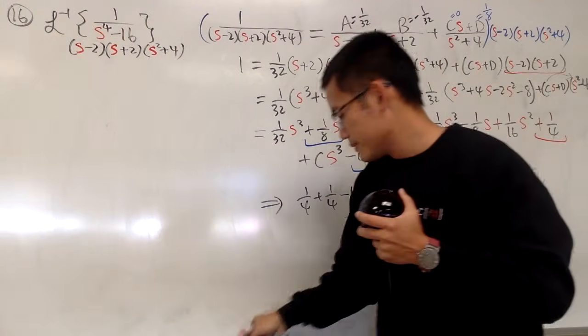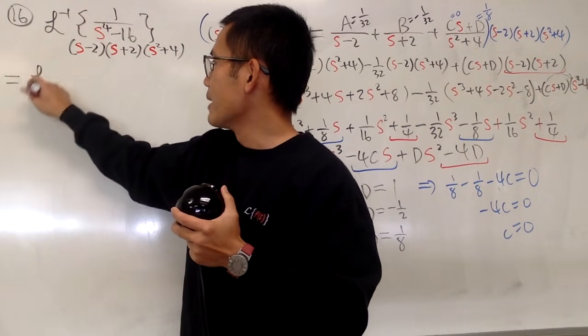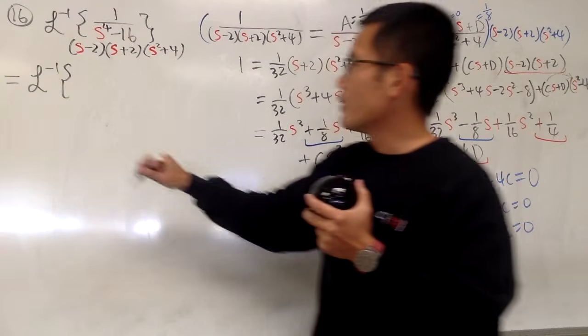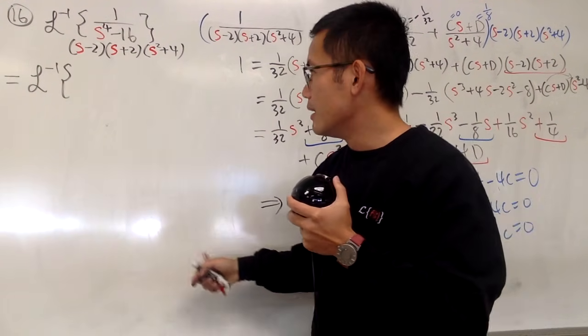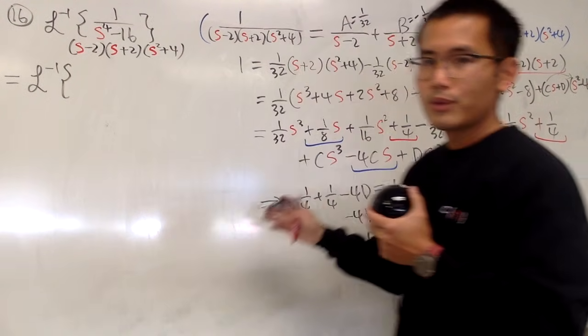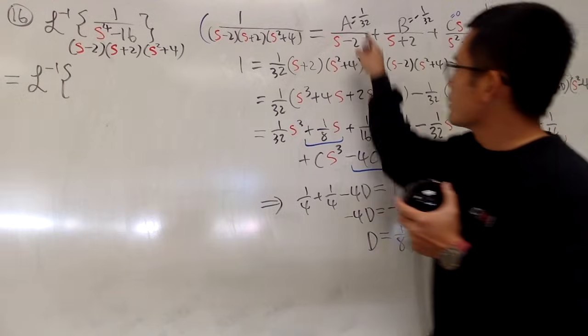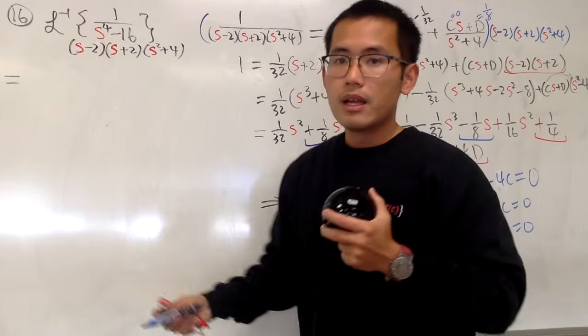Whew. All right, now come back here and then do the inverse Laplace. First fraction, we have the 1 over 32. Let me just put that in the front. So here we go.